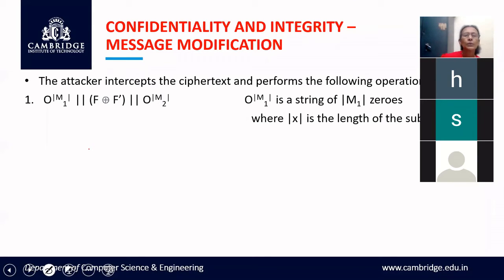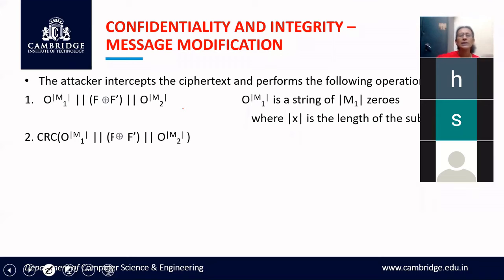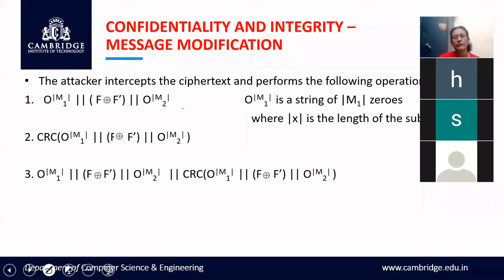What is 0 to the power of mod M1? Mod M1 is the number of bits that were there in M1. So you put that many zeros, concatenate with F XOR F dash, and again concatenate with mod M2 number of zeros. Next he takes the CRC of this value. Then he concatenates whatever he has created in step 1 with the CRC value that he has calculated in step 2.